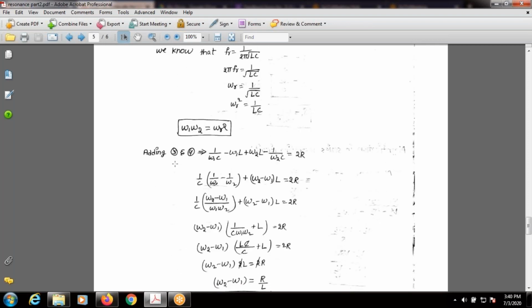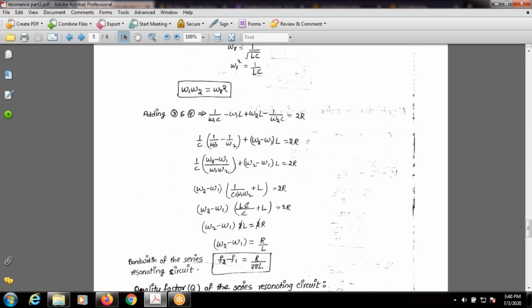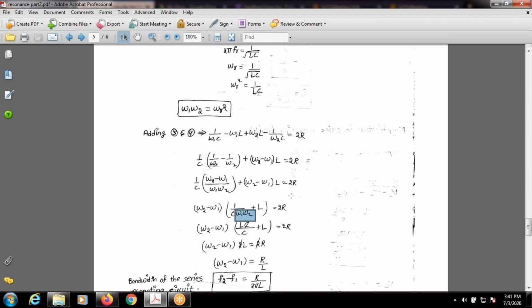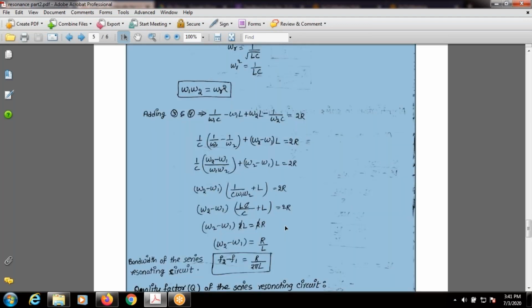And again, another procedure: add 3 and 4. Then simplify, and in between the simplification, substitute omega 1 and omega 2, where omega 1 into omega 2 is equal to 1 by LC.